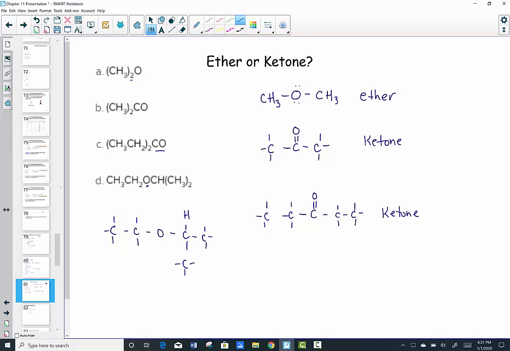So there's its structural formula for letter D. Seeing that oxygen is indeed part of the backbone, we call this an ether. So drawing those structural formulas out helps us to see the connectivity to properly identify an ether, which is ROR, or a ketone, which is RC double bond OR.